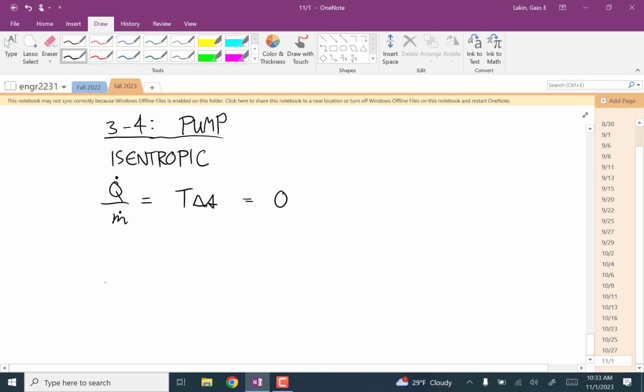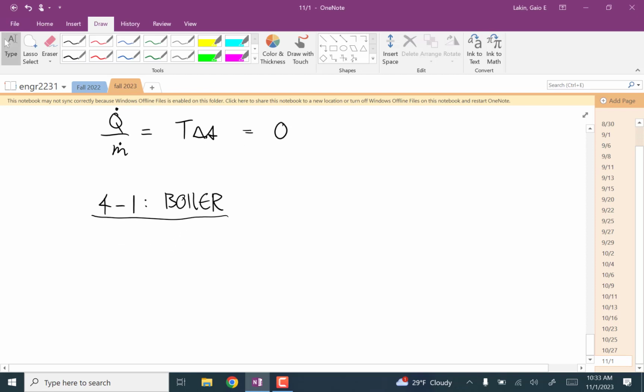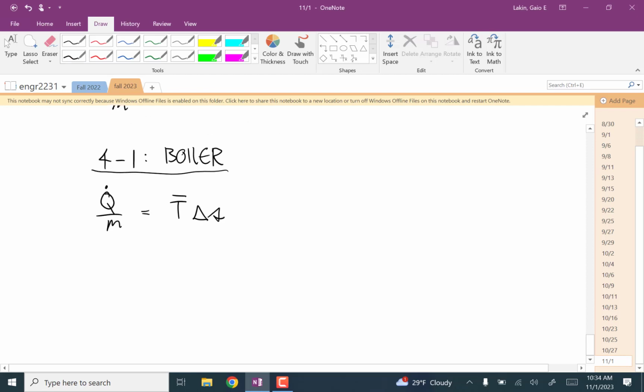And then finally, 4 to 1, this is going through the boiler. So Q dot over m dot is equal to the average temperature times the change in specific entropy.